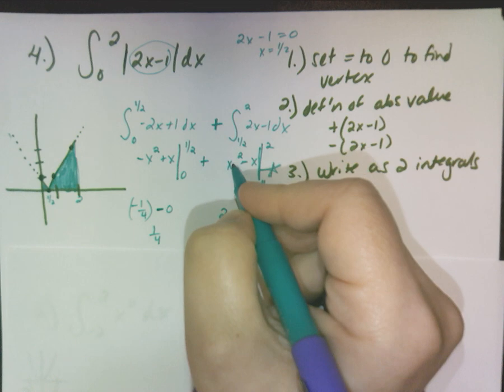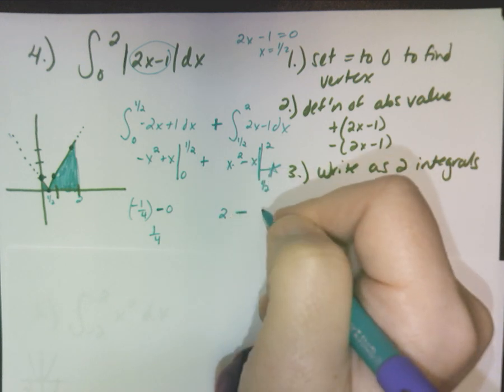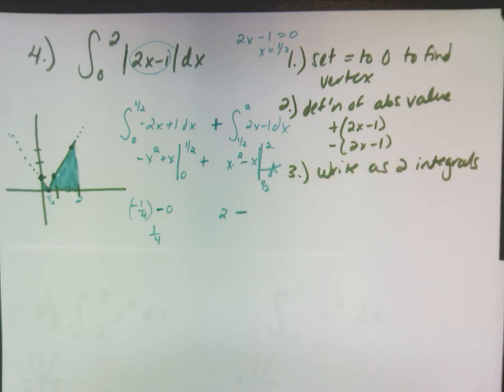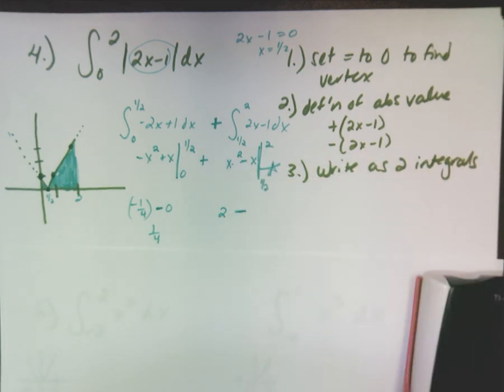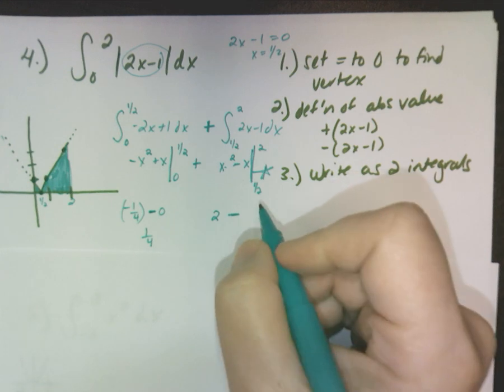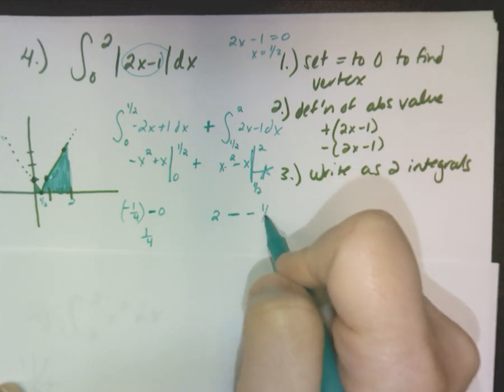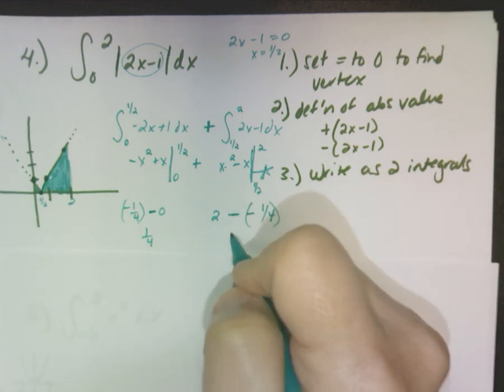Minus, plug in 1/2 now. 1/2 squared is 1/4, 1/4 minus 1/2. Oh, it's a negative. My bad. Negative 1/4. So that minus the negative, see, look at what happens here. Becomes positive, so that's 2 1/4.